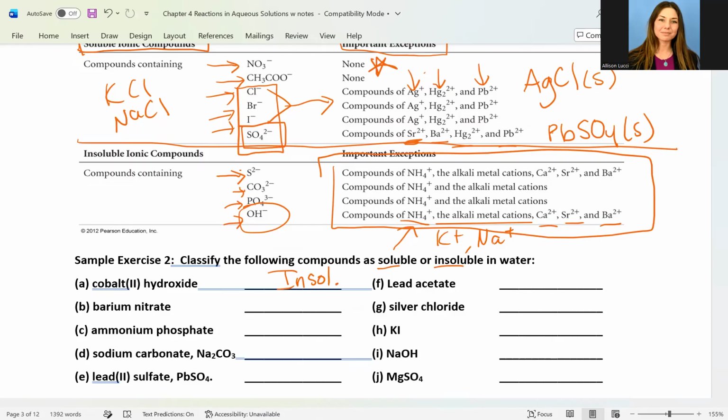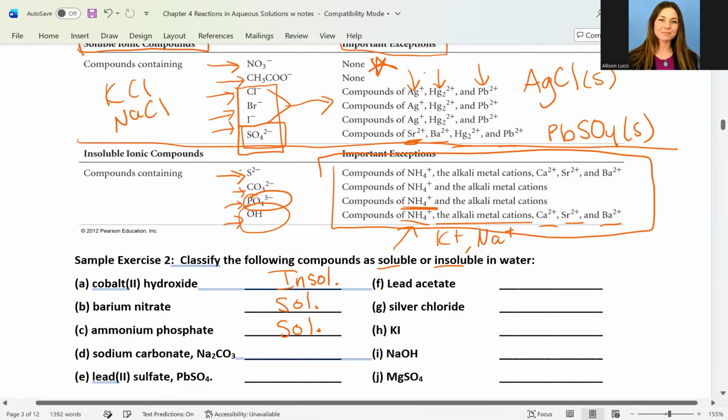So let's go up to our list. If I have nitrates, there are no exceptions, so barium nitrate would be a soluble compound. Then I have my phosphates down here. Anything with ammonium that mixes would also form a soluble exception to the phosphate rule. I have sodium carbonate.